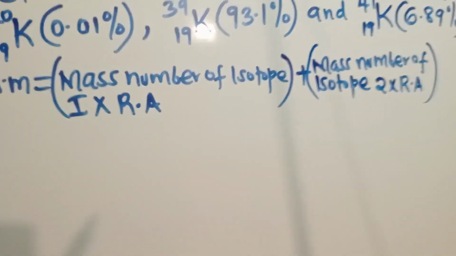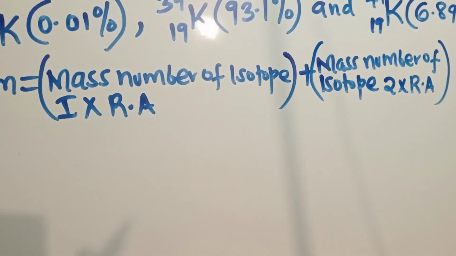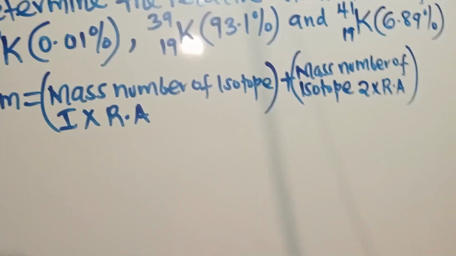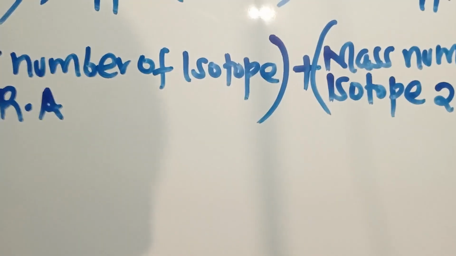And unlike the question for lithium, where we only wrote up to that point, for this case we have 3 isotopes, so we will go to the extent of writing the other part about the isotope 3.